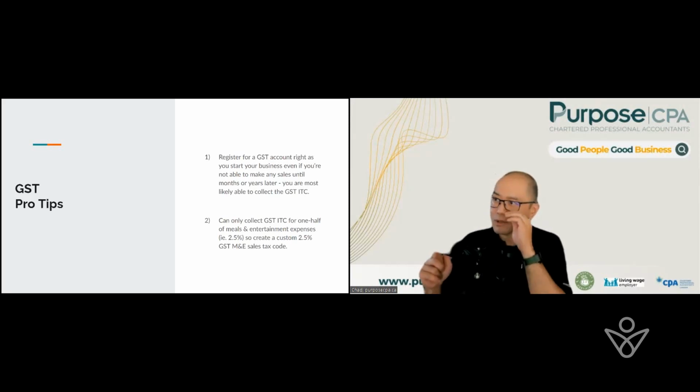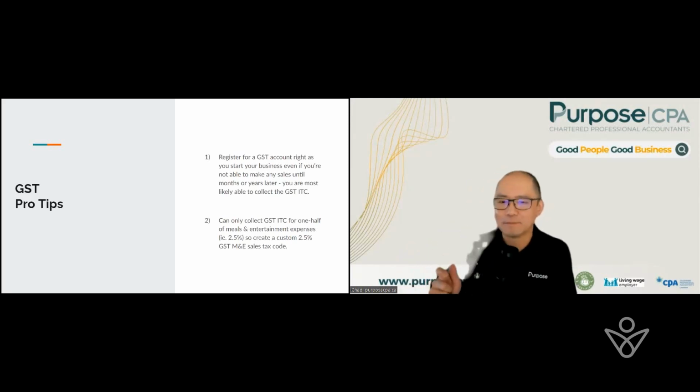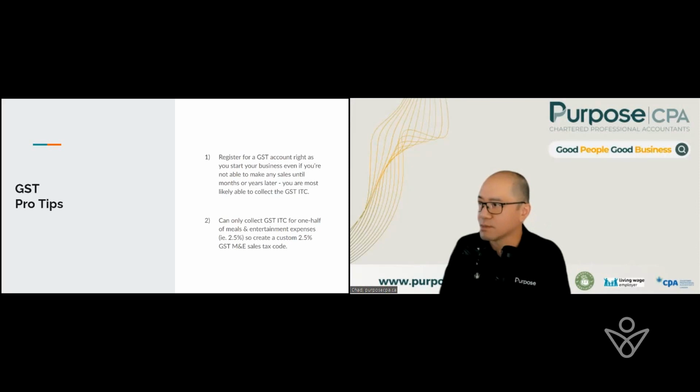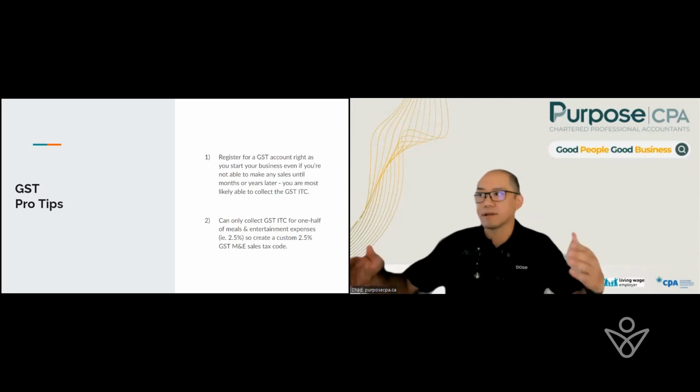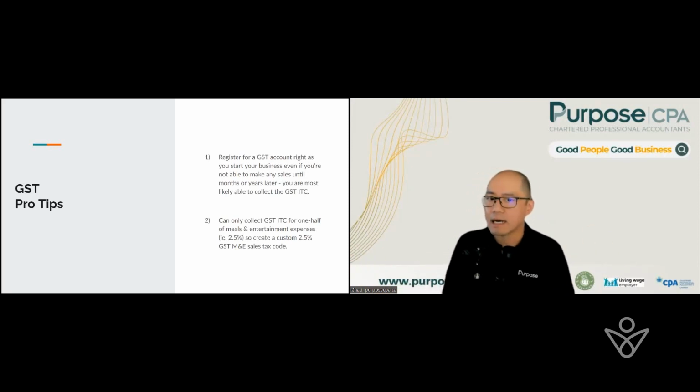There's a small little-known rule for GST on meals and entertainment expenses. For some business owners and also some accountants out there, when you're paying for meals and entertainment, you can only write off half of those expenses. Let's say you spend $1,000 over a month. Only $500 is tax deductible. But so is the GST.